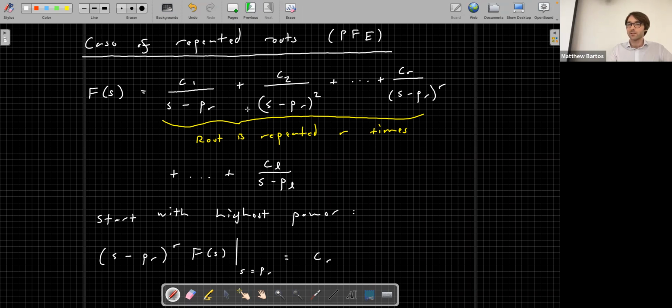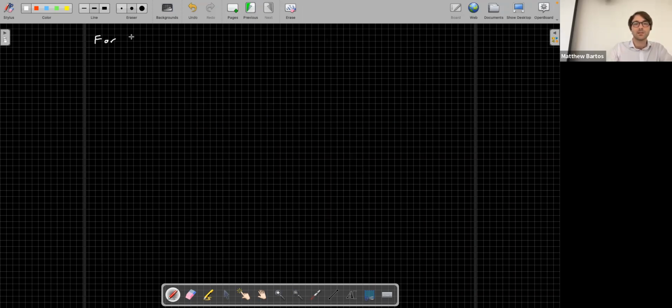But unfortunately, for the rest of these repeated roots, we need a different way of finding them. So what we can do is for the next coefficient, so this would be C(R minus 1).